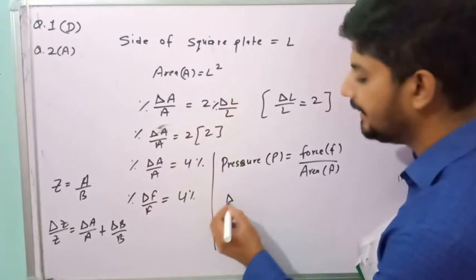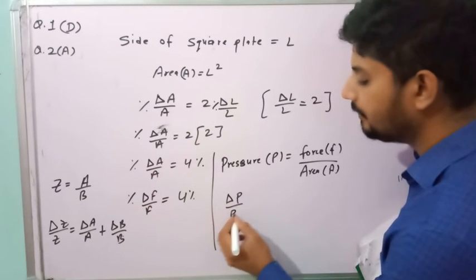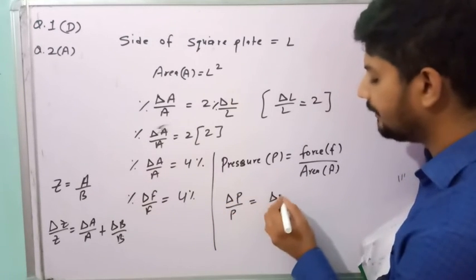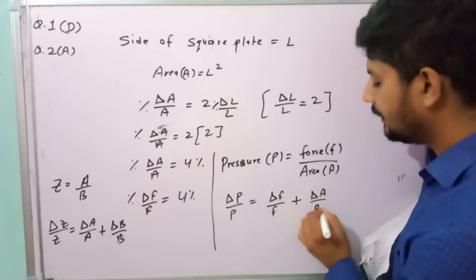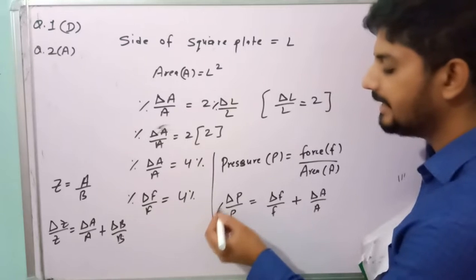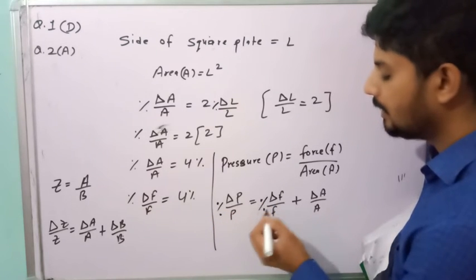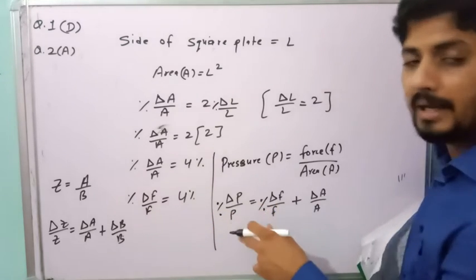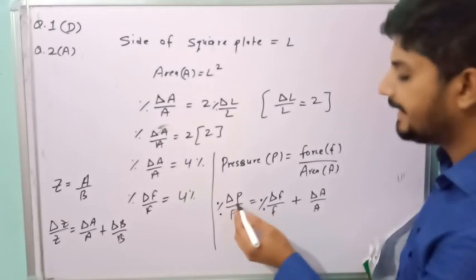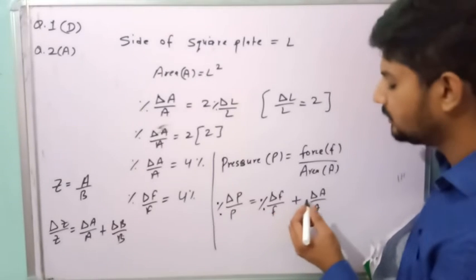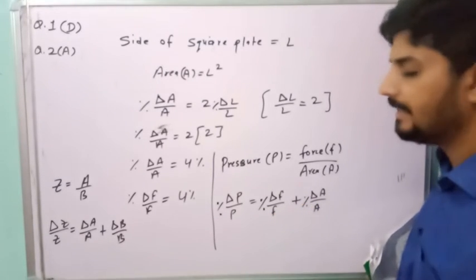So I can write that relative error in pressure is equal to relative error in force plus relative error in area. Now if you want to convert it into percentage, then simply you have to multiply by 100 on both sides. So this becomes percentage error in pressure is equal to percentage error in force plus percentage error in area.